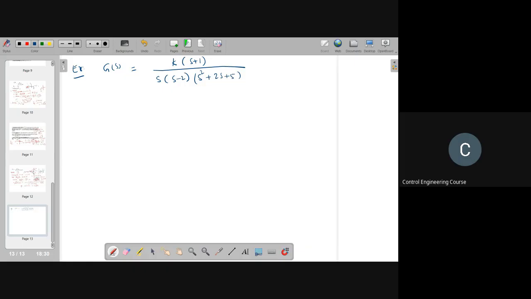Okay. The open loop poles are at s equal to 0, 2. I can write it as K into s plus 1 by s into s minus 2 into s plus 1 whole square plus 2 square.